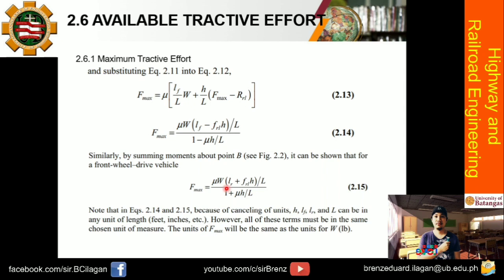Then, the negative sign, just make it positive. So, this is applicable for a front-wheel drive vehicle. This is equation 2.15.